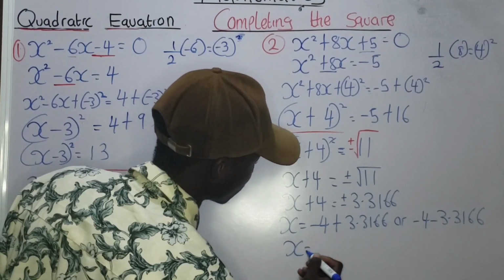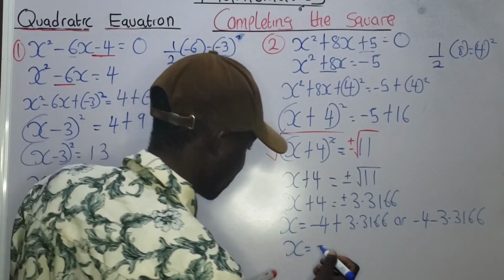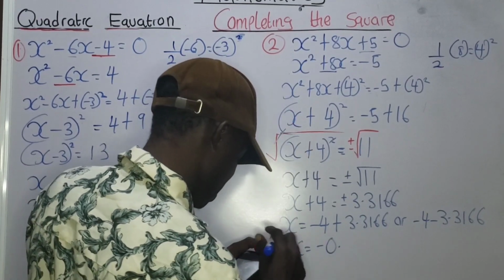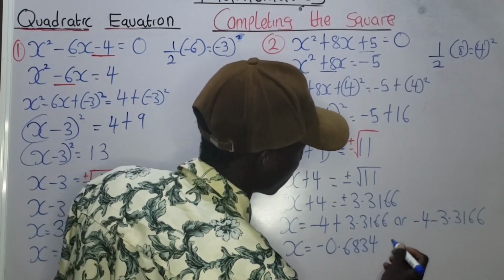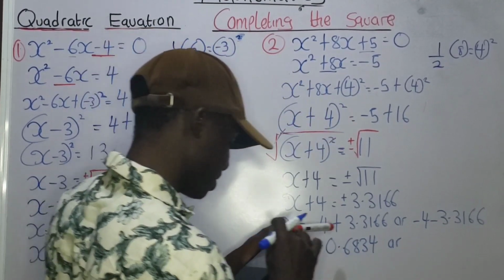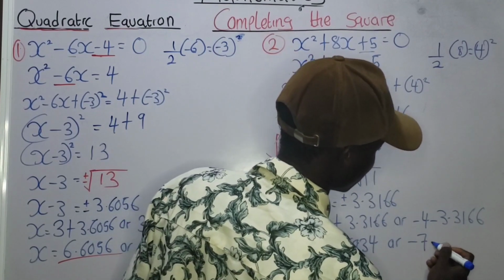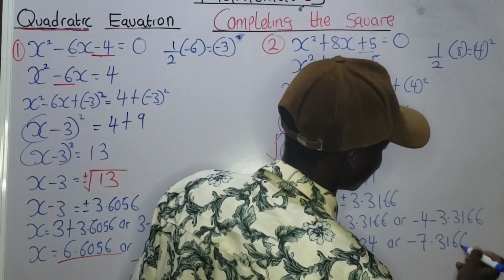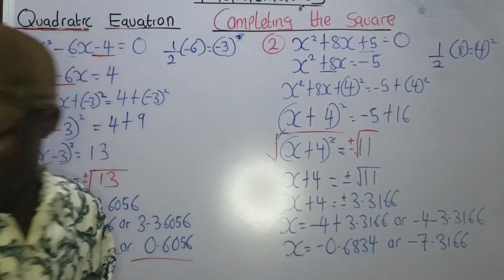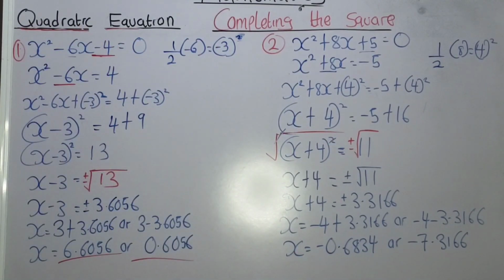So x is equal to negative 0.6834, or that is negative 7.3166. You understand?